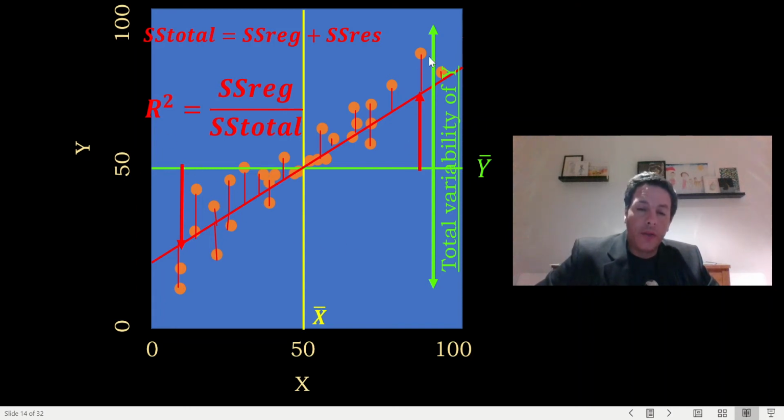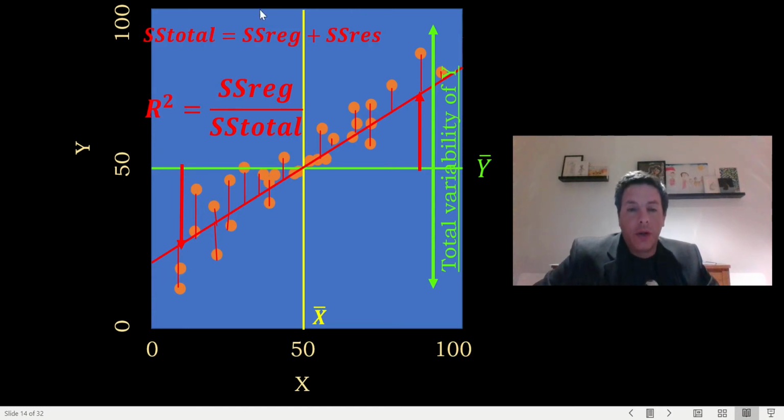And we can separate the variability of y into two variabilities. One is the variability of the regression model, which is the difference between the mean and the prediction of the regression model, plus the sum of squares of the residuals, which is the difference between the prediction and the actual data.